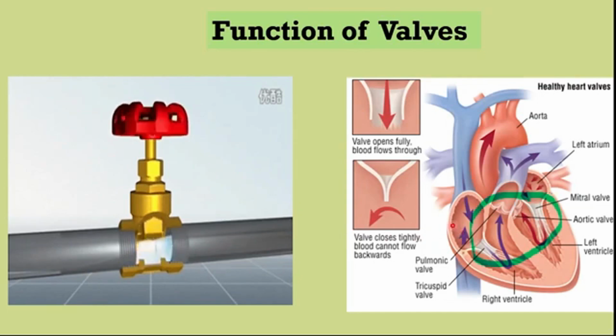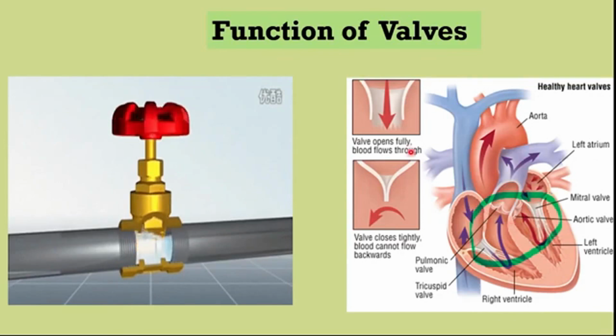Then what is the importance of valves in our cardiovascular system, particularly the heart? As the heart is the pumping station of the circulatory system, blood flows continuously through different chambers of the heart. Valves regulate the flow of blood inside the heart. Blood passes through the valves before entering and leaving each chamber of the heart.